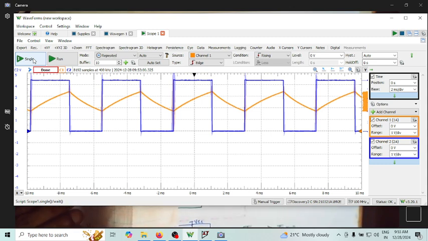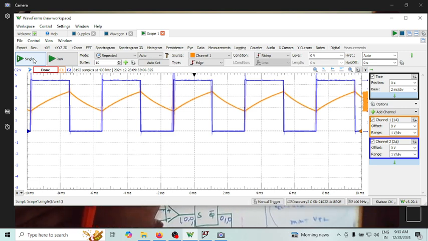CT I have connected as 0.1 microfarad. VCC is 5 volts. Let me keep R2 at different values: maybe 1 kilo ohm, then 10 kilo ohm, maybe 100k, and maybe 100 ohm also once.